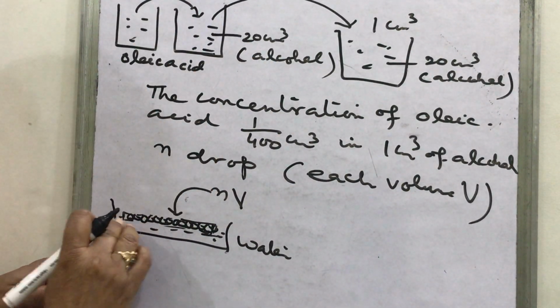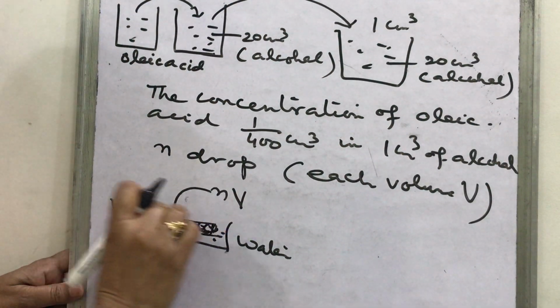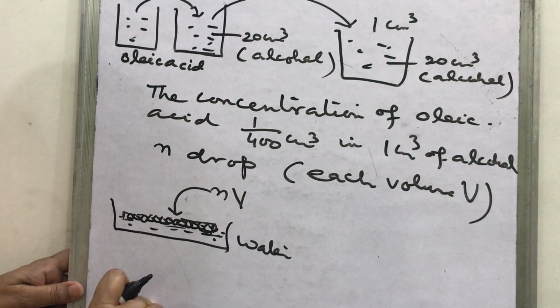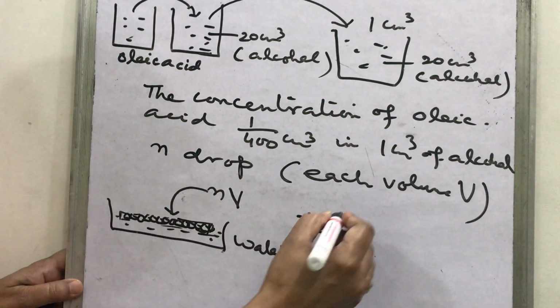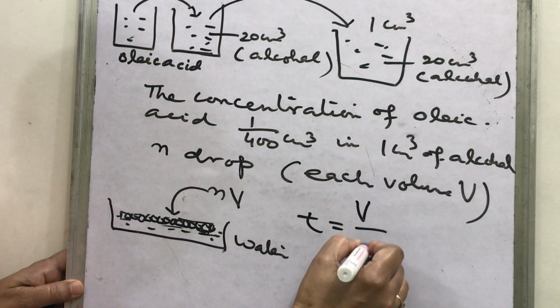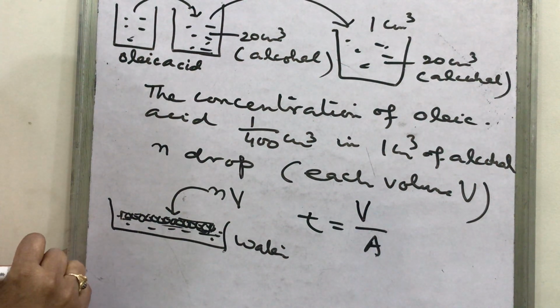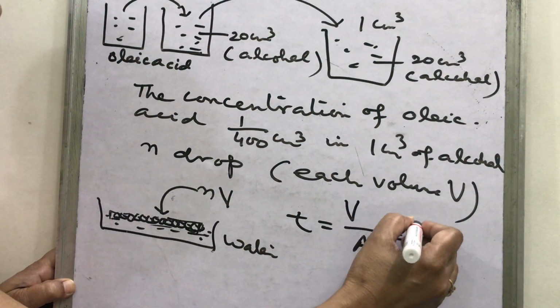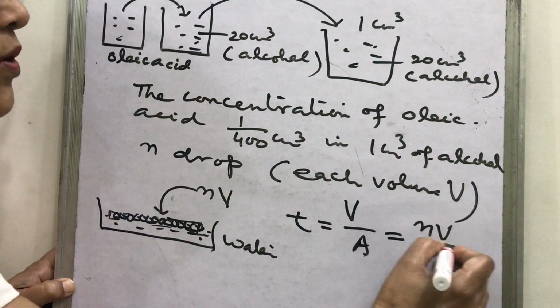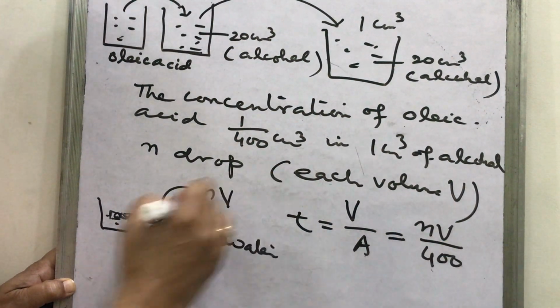So, it is supposed that this film is of single molecular thickness, and you know thickness is given by volume upon area. And how will you get the volume? This will be nV upon 400.